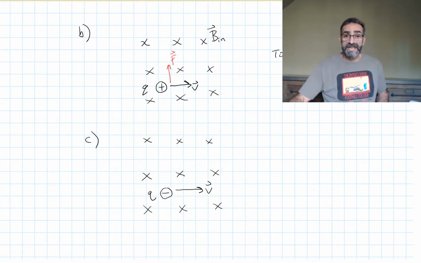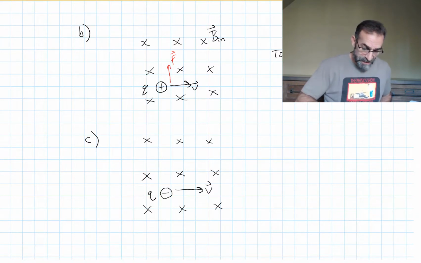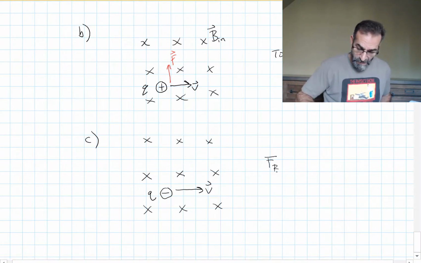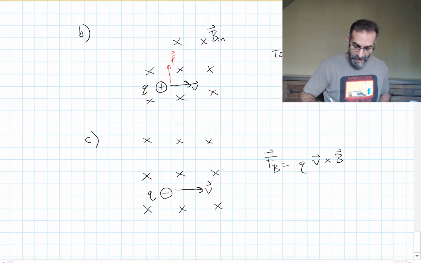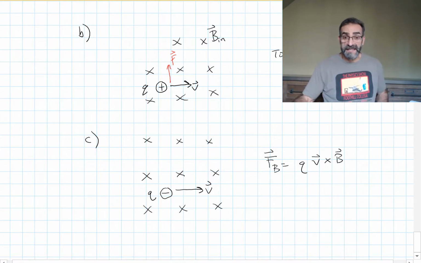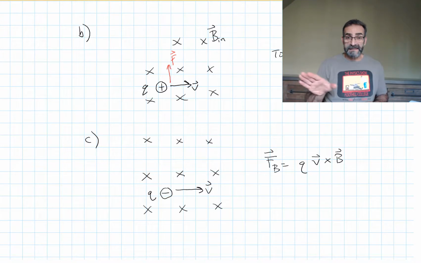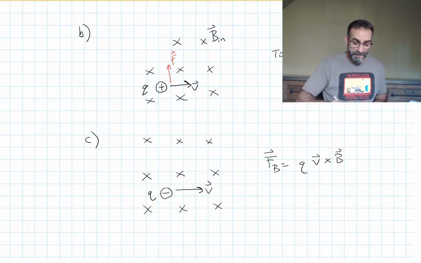Now I've changed one thing. The magnetic field is the same, the direction of the velocity is the same, but I've changed this positive charge to a negative charge. What do you think that does to our force? Let's look at the equation. Our magnetic force is Q V cross B. What's the direction of V cross B in this case? V is to the right, B is into the page, so V cross B points toward the top of the page.